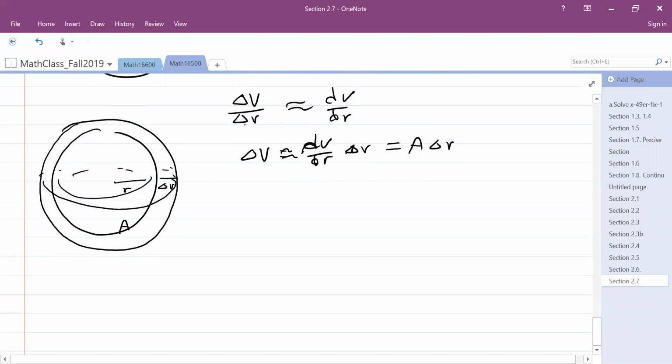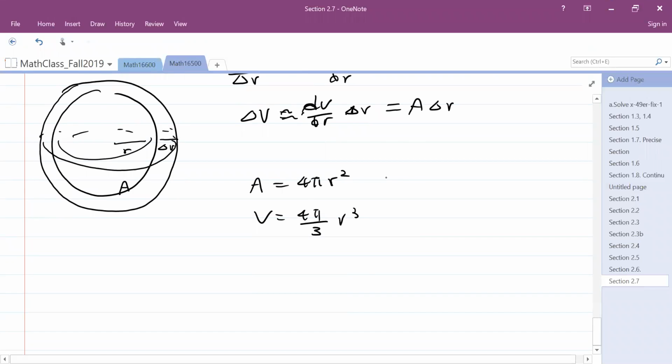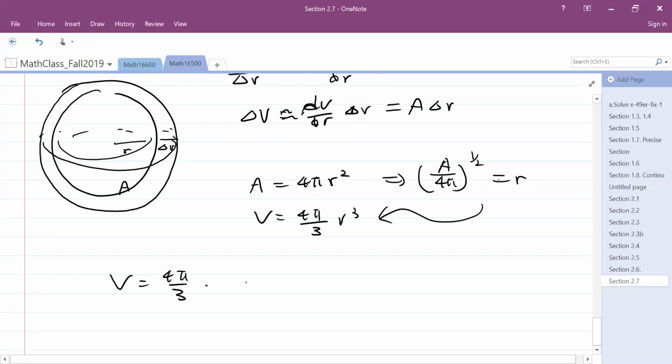You can also express the volume in terms of the surface area. Let's record that. Surface area is 4 pi r squared. The volume is 4 pi over 3 r cubed. So I'm going to solve for r. A over 4 pi is r squared. Then I put it here, and what I get is A over 4 pi to the 3 over 2.